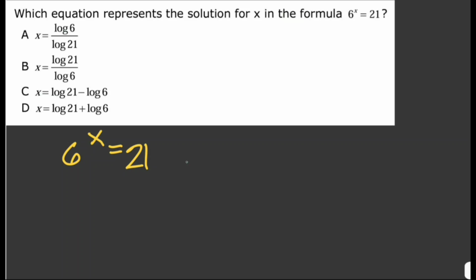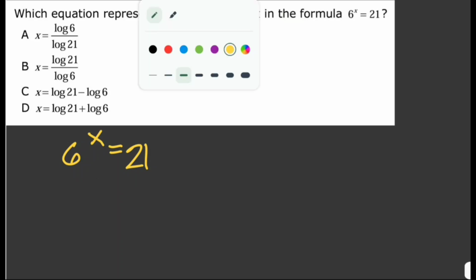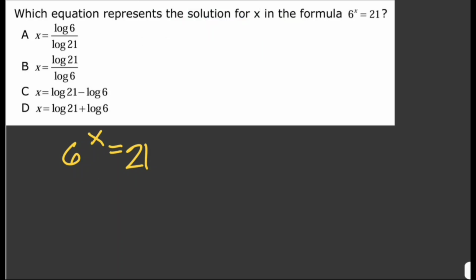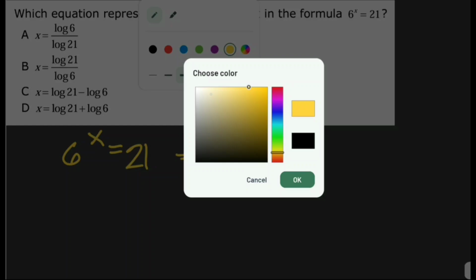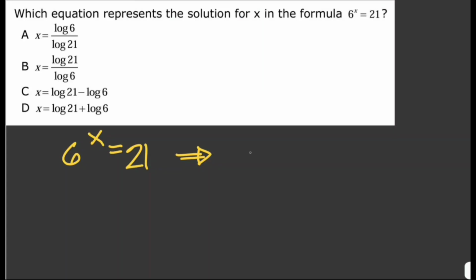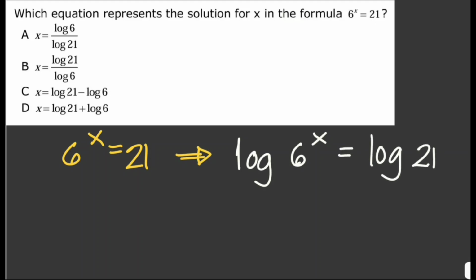I meant we convert this first to its logarithmic form, because this one is an exponential form. Now let's just take the logarithm of both sides of the equation. So this would become logarithm of 6 to the x equals the logarithm of 21.